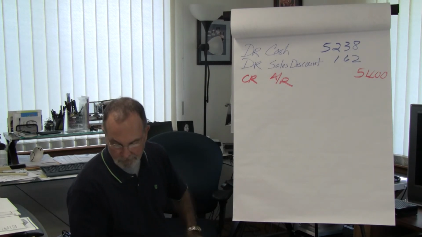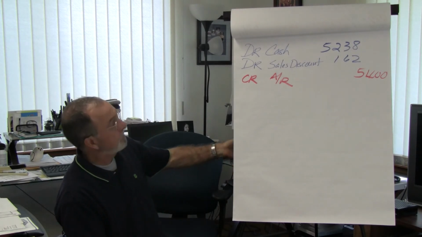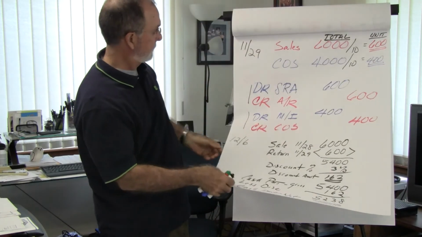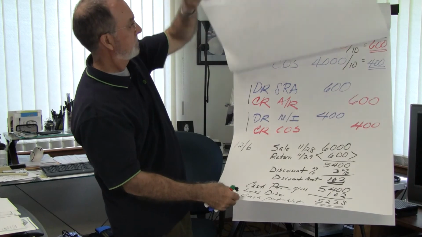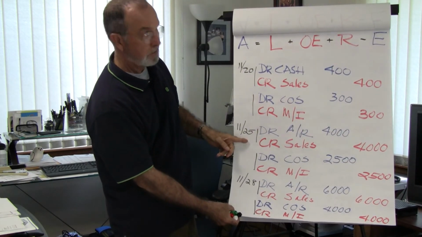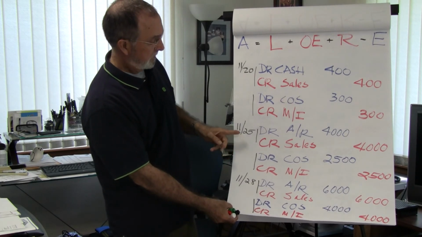Now we have one more transaction to record on December 30th. Our other customer, Vasco Athletics, paid in full for the invoice of November 25th. That November 25th invoice also was on account, also included terms of 3% 10, net 30.